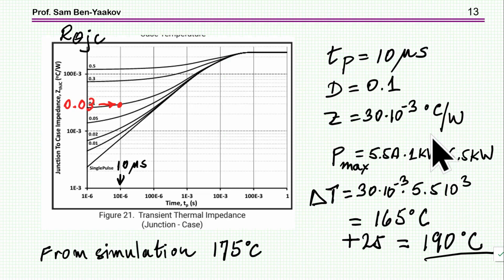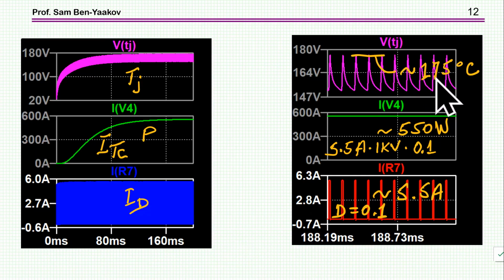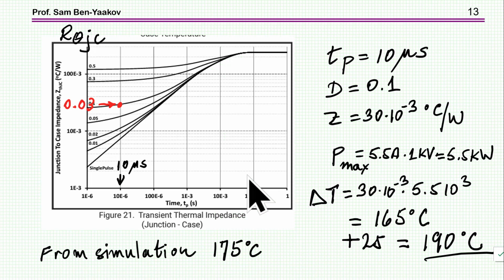Now I can check it against this thermal impedance. Check it here. So I found from the simulation that the temperature should have gone up. Here it is, 175. So we can get this number for this particular case, which is a simple case because this is a train of pulses, which is compatible with this plot.